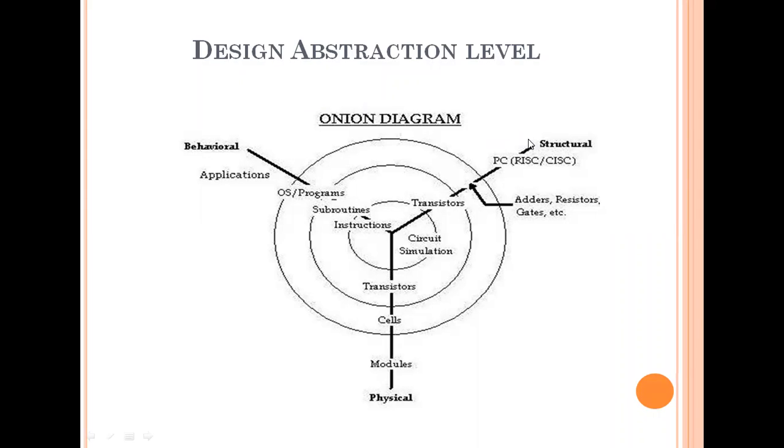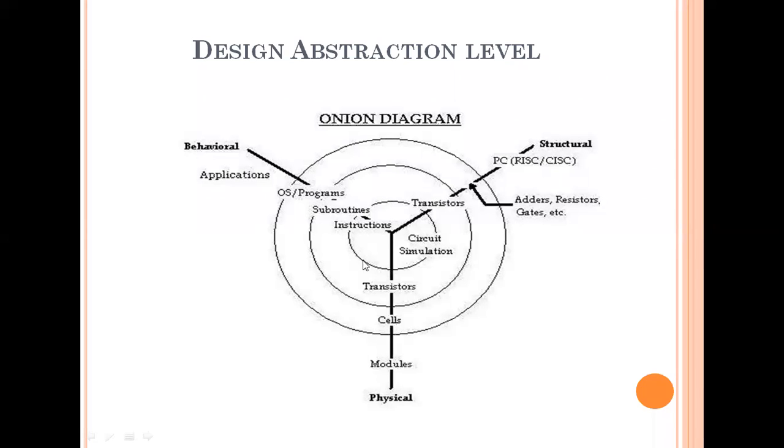Okay, the first level is the structural level. The structural level is represented by the transistor, adder, register, and the RISC and CISC. Second abstraction level is the behavioral, where the stage is represented by the instructions, subroutines, operating system programs, applications.